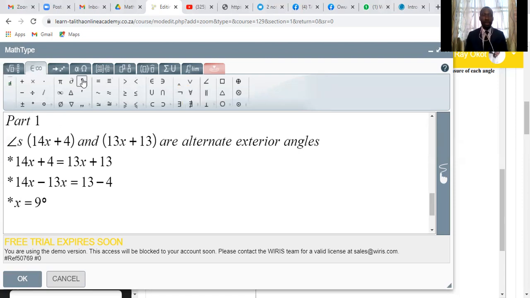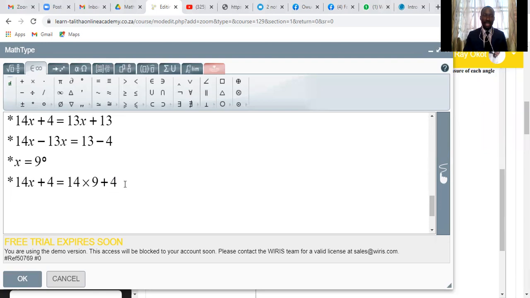Now, what we are supposed to find is the value of 14x plus 4. We can say that 14x plus 4 is equal to 14 times x, and x is 9, then plus 4.